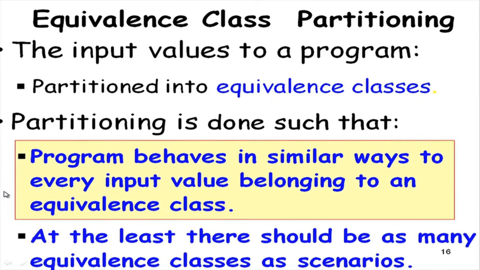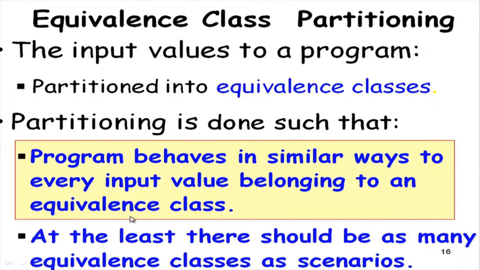In scenario based testing, the requirement specification document typically documents all possible scenarios of operation of various functionalities, and we just write test cases to execute each scenario. So, in equivalence partitioning, obviously each scenario is a different equivalence class.